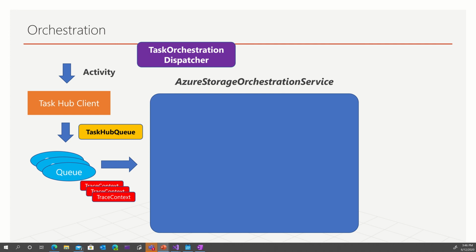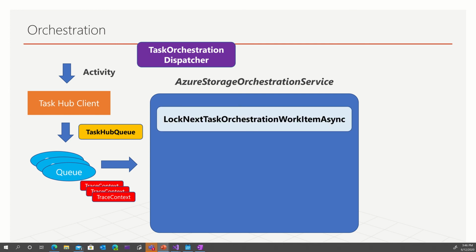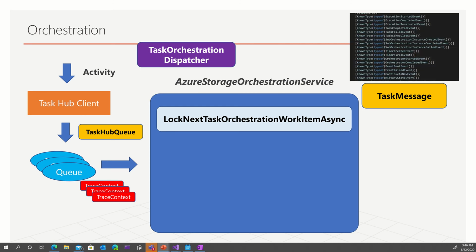And if it receives a valid queue message for the orchestrator, what happens first is that the LockNextTaskOrchestrationWorkItemAsync method is executed, and inside of this, some class analyzes the queue and defines the state of the orchestration. For example, this is done as a task message, and it has a state like this.